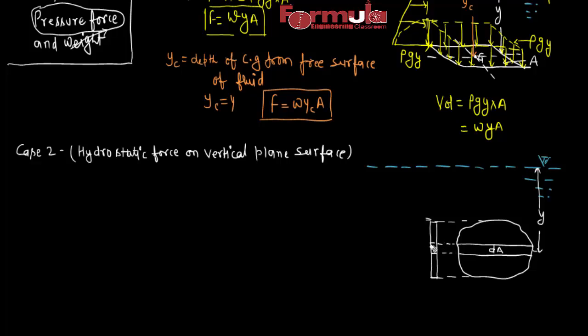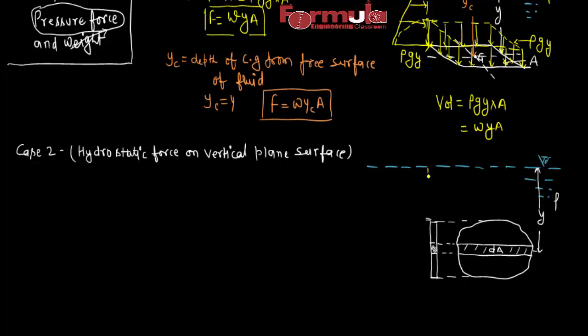Its area is dA, and it is at distance y below the free surface. Again, the density of the fluid is rho, and g is the gravitational acceleration. So the pressure intensity at this strip, at y distance below, using the hydrostatic law, will be rho g y.